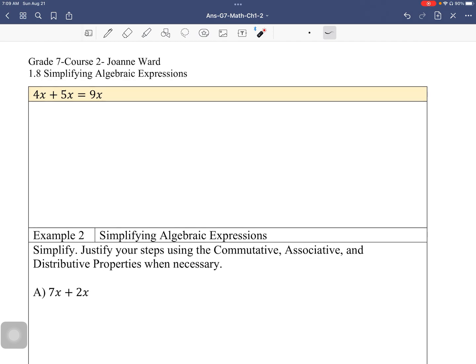For this one, I just want to say that like terms can be combined together because like terms have the same variable with the same power.